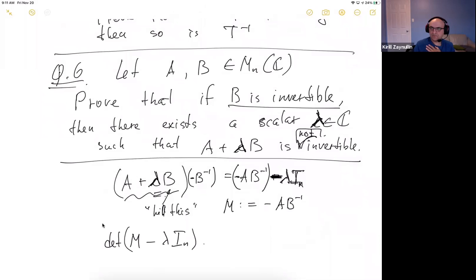And then what do we see here? We see that this determinant will have a root, and it always has a complex root.